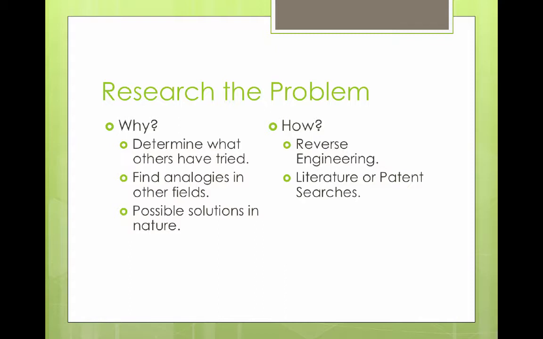These are going to show us current research in the area or products that have been patented and are applicable to our problem. And we can just look around the world, look at the world around us and see natural processes.